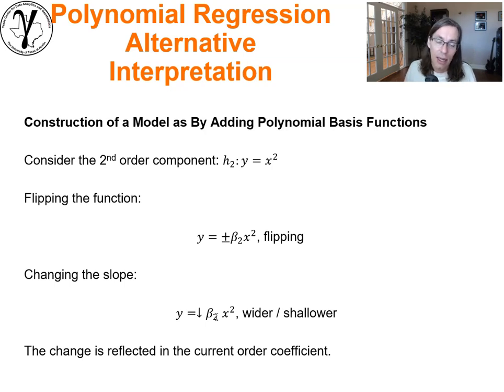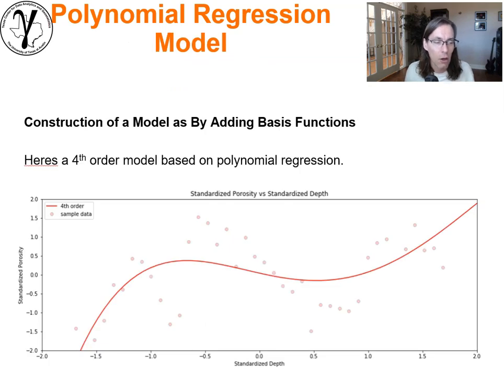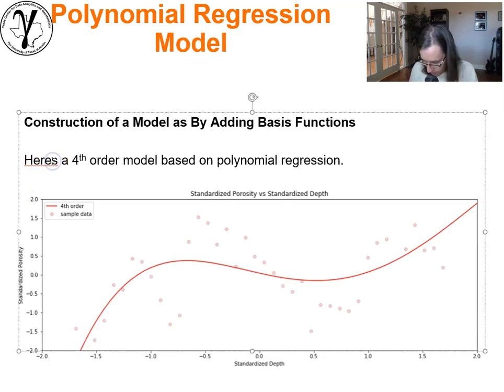Now, of course, simultaneously, we're going to be fitting the first order, and we'll be fitting the constant, and we'll be fitting the third order, and so forth, and changing all of their parameters, and they'll have similar influences on their own coefficients and on the lower order coefficients at the same time. And so really we are adding together multiple structures together, all based on that single number line of the predictor feature.